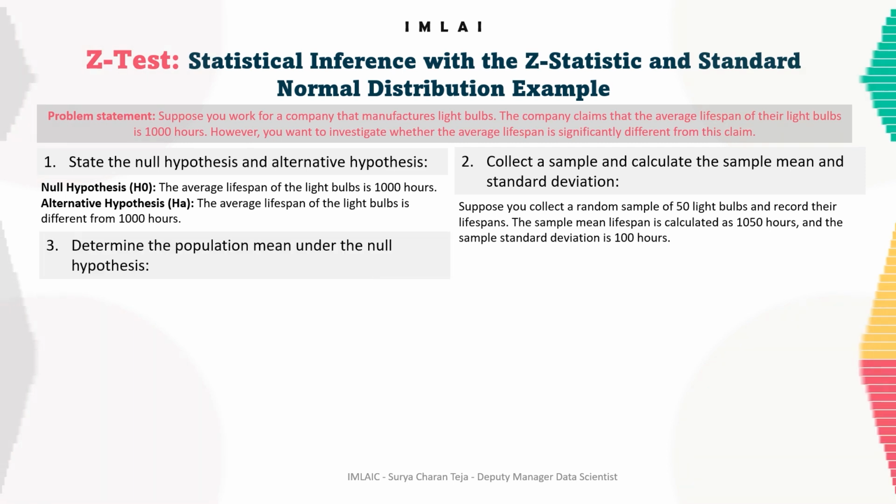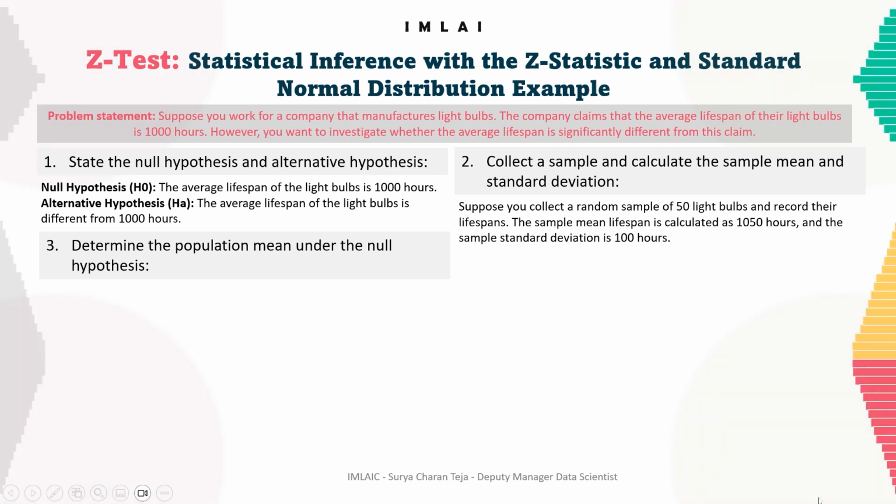Now it's step 3. We have to determine the population mean under the null hypothesis. In this case, the population mean is assumed to be 1000 hours. That's what we did.